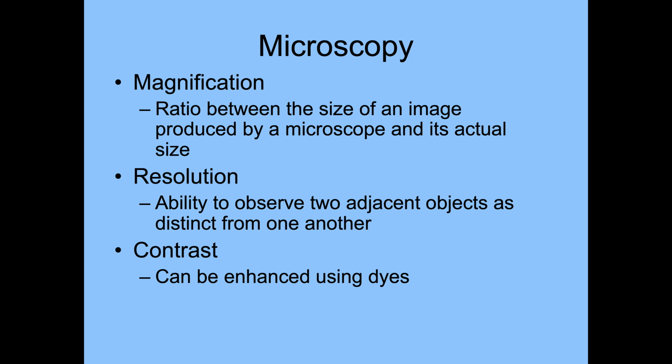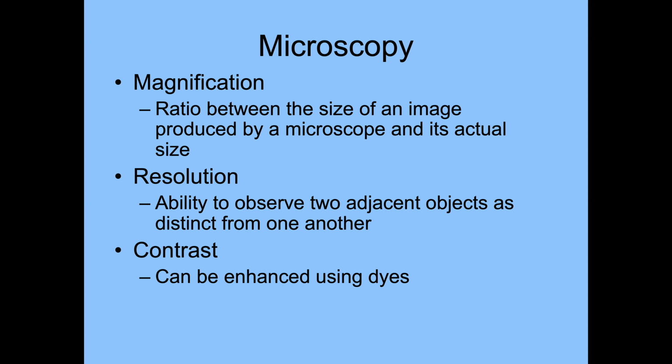Contrast is just differences in dark versus light, and the greater the difference, maybe the sharper or more in focus something may be, or the easier it is to see. But resolution has to do with how well the microscope you're using is able to magnify the image. You can kind of think of it like a digital picture.